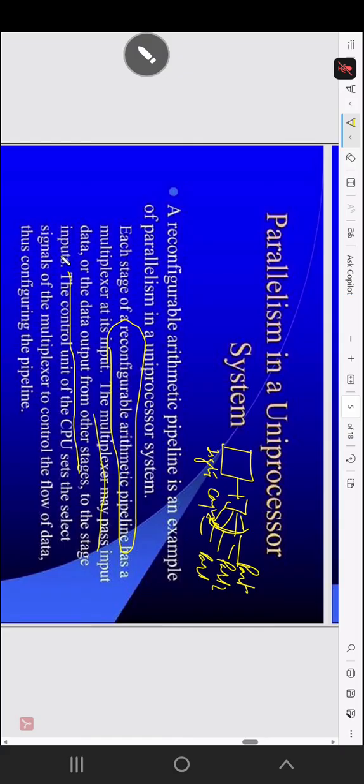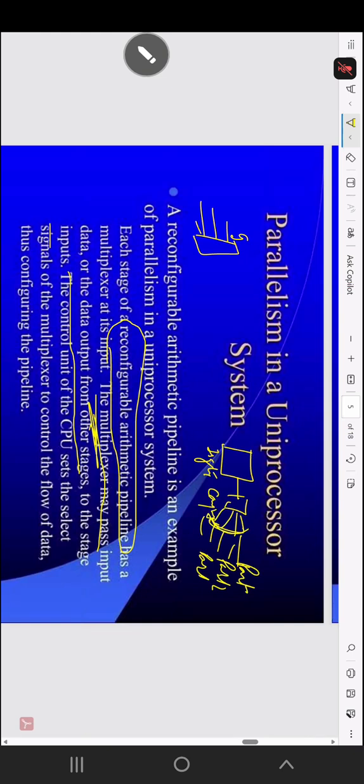A multiplexer may pass input data, or the data output from other stages, to the stage input. Each stage of this pipeline includes a multiplexer at its input. The multiplexer decides which data enters that stage, either fresh input data or data output from another stage.